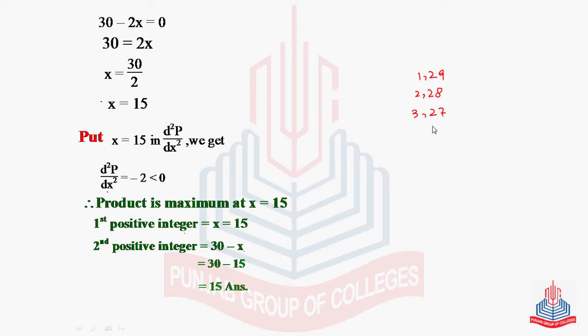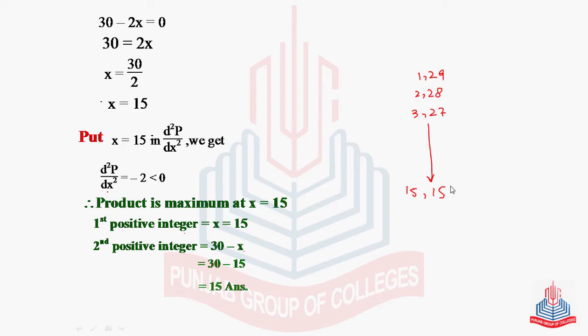So the sum remains 30 but the product changes in every case. We found here 15 and 15, whose sum is 30 but the product is 225, which is the maximum in all possible cases.